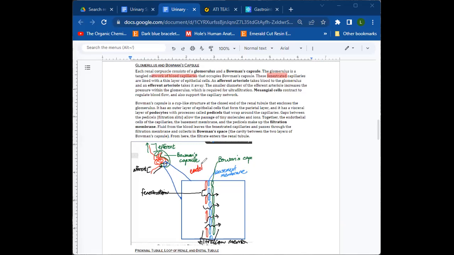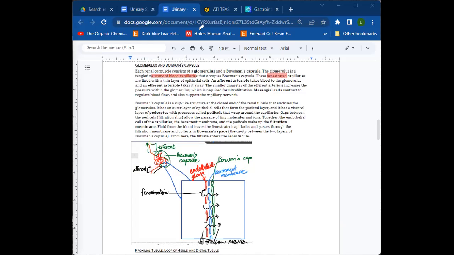So in this diagram, the endothelial glomerular cells are in red. And you can see that there are the fenestrations, the gaps between the cells. Leading into the glomerulus is the afferent arteriole. So the afferent arteriole is going in, and then the efferent arteriole is supposed to be E for exiting.